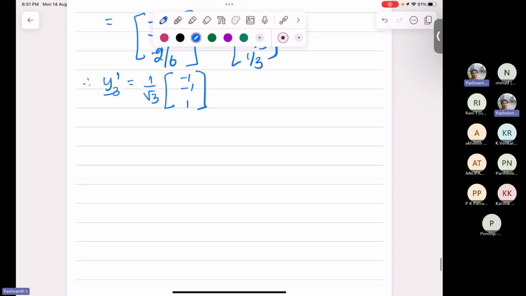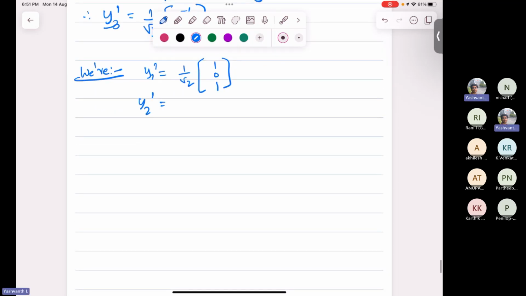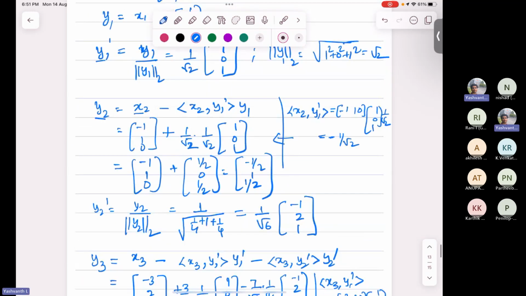Okay, so what are the orthonormal vectors? We have done Gram-Schmidt now. Let's just write down what we have. y1 dash equals 1 by root 2 times (1, 0, 1). Next, y2 dash equals 1 by root 6 times (-1, 2, 1), along with the inner product of x2 comma y1 dash, which we found to be minus 1 by root 2.